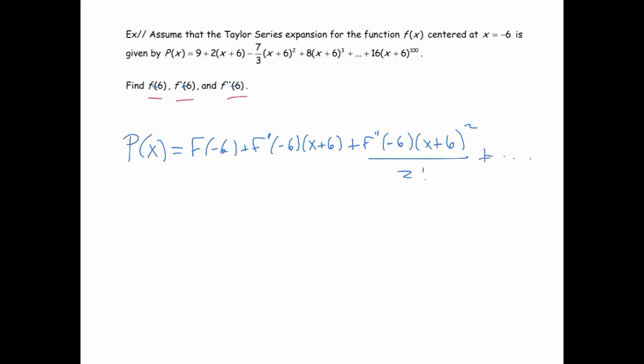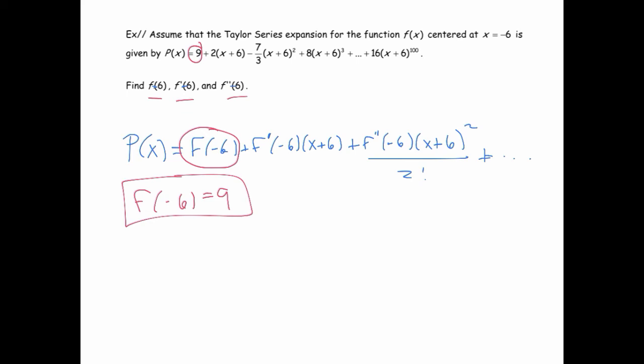So that just means that we want to match up the degree with the terms we're interested in. So, for instance, f of negative 6 is this first number here. It's not attached to any term involving x, so we know that we can match it up with a 9. So we know that f of negative 6 must be 9. How about f prime of negative 6?